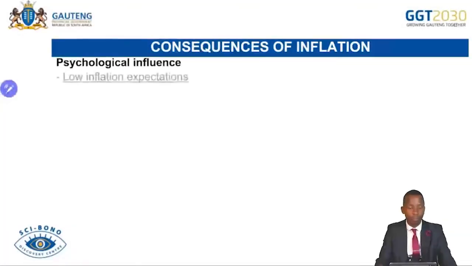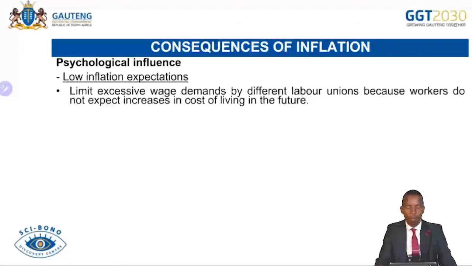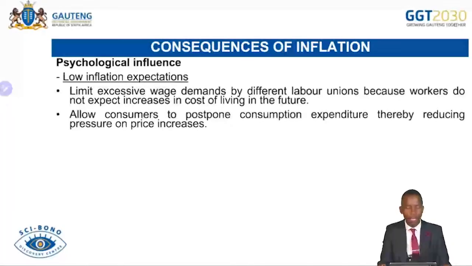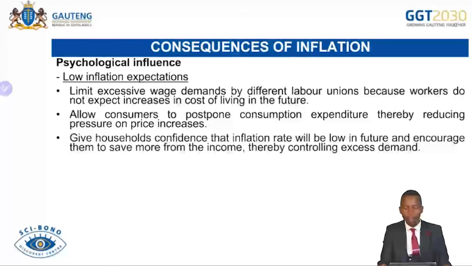Psychological influence. Low inflation expectations limit excessive wage demands by different labor unions because workers do not expect an increase in the cost of living in future, and also allow consumers to postpone consumption expenditure, thereby reducing the pressure on price increases. They give households confidence that the inflation rate will be low in future and encourage them to save more from their income, thereby controlling excess demand.